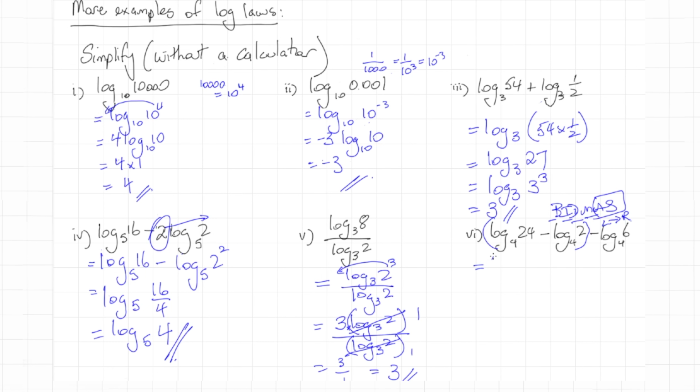So when we're subtracting, we are dividing, so that's log to base 4 of 24 over 2 minus log 6 to base 4. So the minus here tells we are dividing the numbers, so that's why we divide 24 by 2. 24 divided by 2 is 12, so that's log 12 to base 4 minus log 6 to base 4.